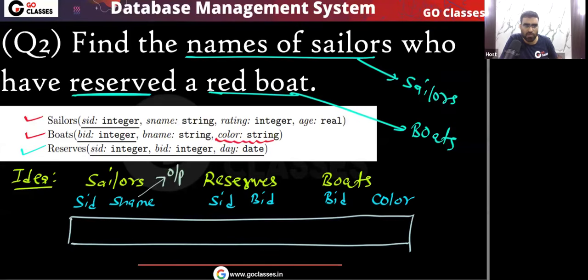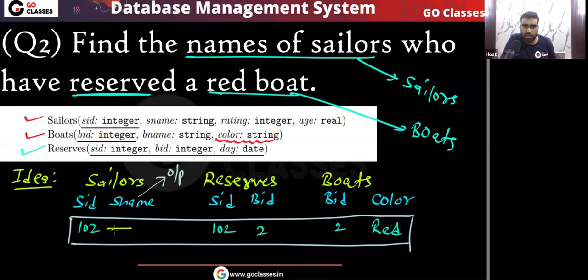We want this in the output where this seller, for example 102, must reserve a boat, maybe boat number 2, and this boat number 2 should have red color. Is this clear? This is the idea.